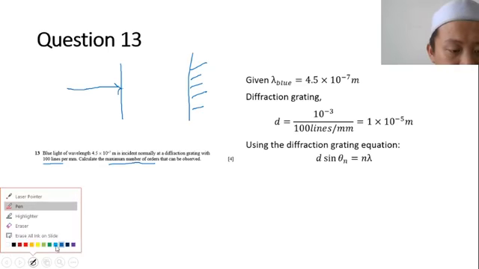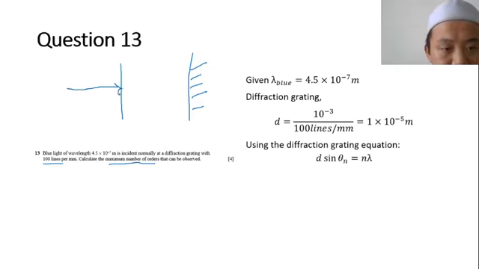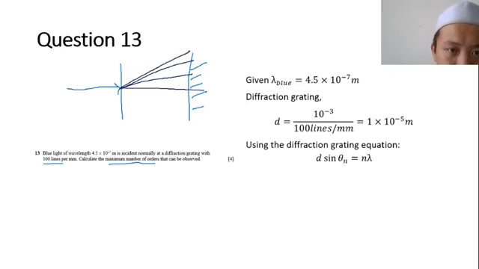If the line passes through at the end equals 0 order, yang ni dekat tengah-tengah lah kan. So dia akan pergi increase, n equals 1, n equals 2, n equals 3. So soalan dia, n ni dia boleh sampai besar mana? Berapa banyak n?